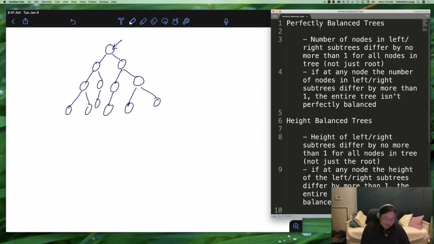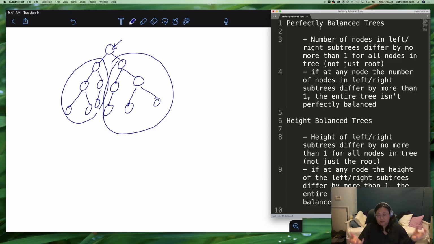So if we start at the root and I count how many nodes are on the right-hand side and how many are on the left, there are 6 nodes on the right and 6 nodes on the left. Both of those trees have 6 nodes in them. So at the root node, this is okay.